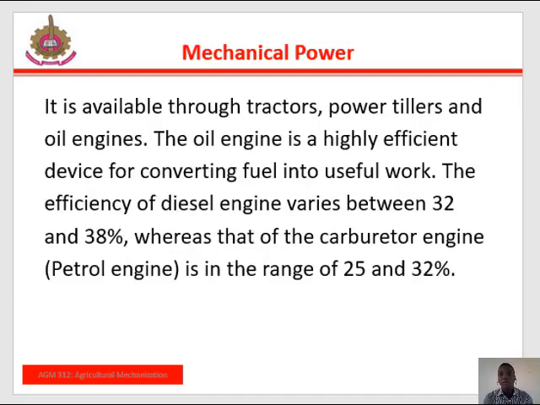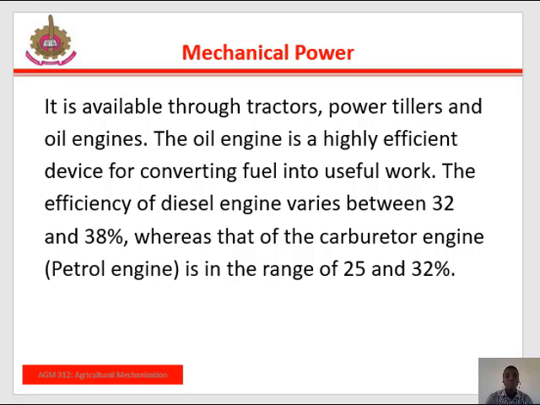The next form of farm power is mechanical power. It is available through tractors, power tillers, and oil engines. The oil engine is a highly efficient device for converting fuel into useful work. The efficiency of a diesel engine varies between 32 to 38%, whereas that of the carburetor engine, which is the petrol engine, is in the range of 25 to 32%.